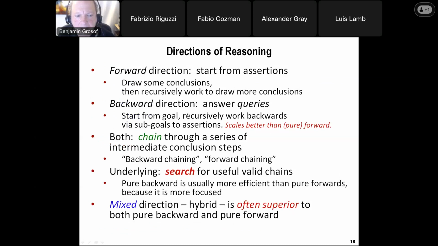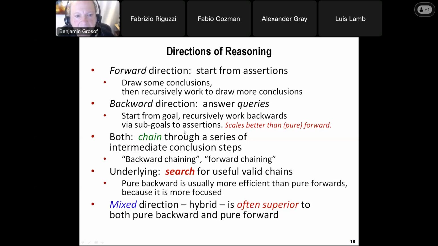In backward, you start from a goal, recursively work backwards via subgoals to other subgoals, eventually to assertions. And both chain through intermediate conclusion steps, underlying is a search for useful, valid chains of reasoning. Pure backwards is usually more efficient because it's more focused than pure forwards is, but mixed direction, that is a kind of hybrid, is often superior to both pure backward and pure forward.